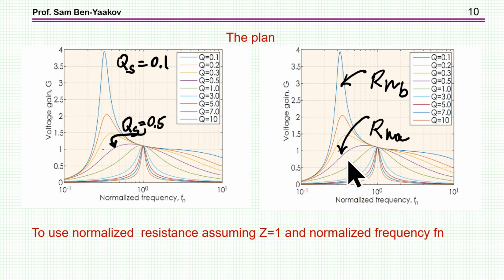That is, I'm going to describe these gain plots by resistances. Each one of these corresponds to a resistance. Now there is a characteristic impedance involved here, so I'm normalizing everything to Z equal to 1, and also normalizing the frequency to 1. So this is the normalized frequency, and Z is normalized to 1.